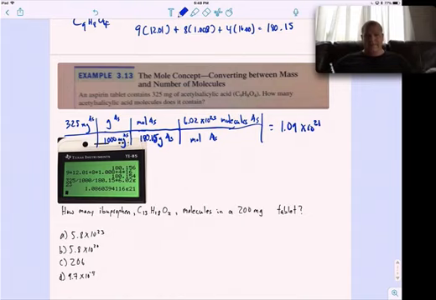Okay, I'm back, and I get 1.086 times 10 to the 21, by 3 sig figs, 1.09 times 10 to the 21 acetylsalicylic acid molecules. Molecules of aspirin.